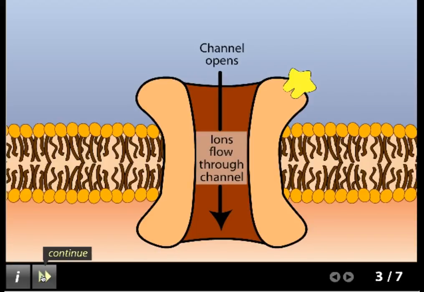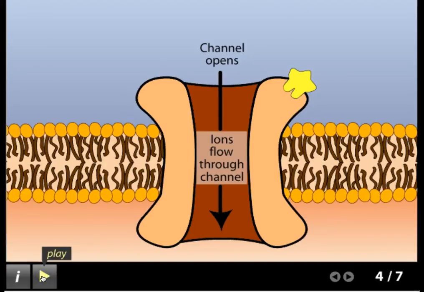So in this case, we have this exogenous ligand that just bound to this site on the receptor and caused the channel to open, just like GABA would. Because it comes from outside the body, again, we call it an exogenous ligand, and that's really what we're talking about when we're talking about drugs. They're exogenous ligands. They're going to bind to different places on a receptor.